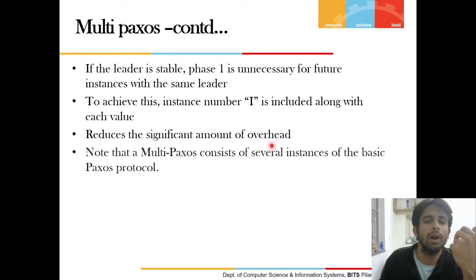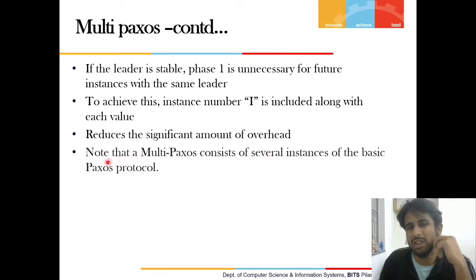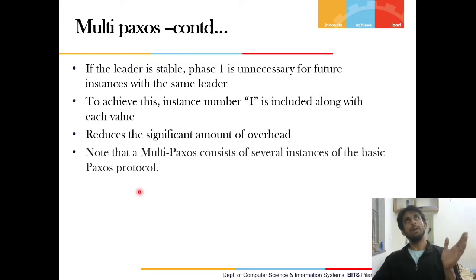So a lot of the overhead of sending messages is reduced. Multi-Paxos is nothing but executing many instances of the basic Paxos protocol. So in multi-Paxos we are simply reducing the two-phase process into a single-phase process.